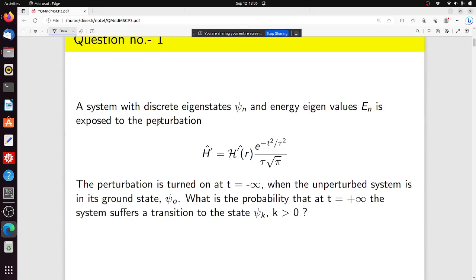In the last class you might have learned how to calculate the transition probability if you are given a perturbed Hamiltonian which depends on time.